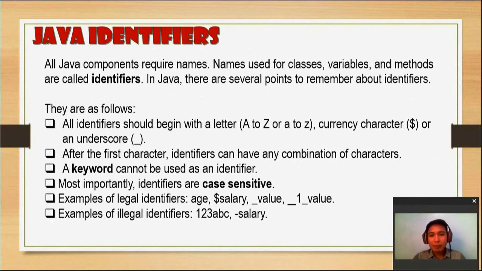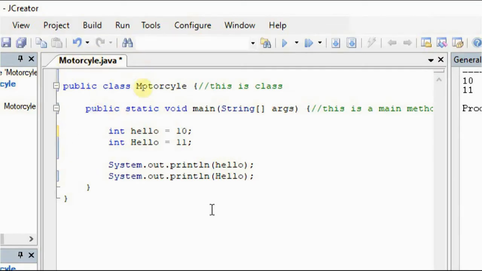So, to make it easier to understand what an identifier and a keyword really are, let's go back to our program. From this program, we can identify the keyword and the identifier. We have hello as the identifier and int as the keyword.